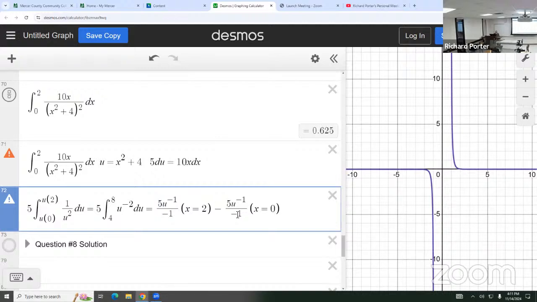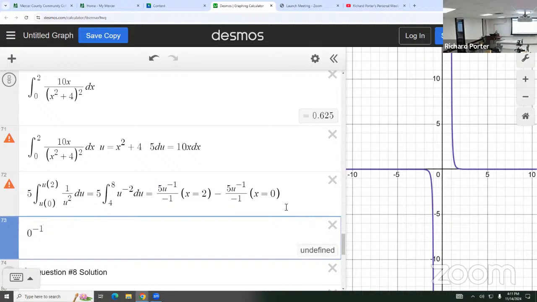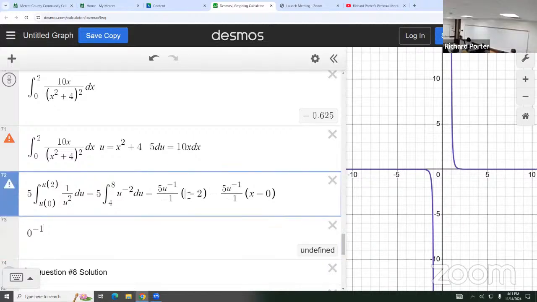If I do 2 and 0, I'll get a number there, but when I put 0 to the negative 1, what is 0 to the negative 1? Undefined. I know I have an answer of 0.625. What did I do wrong? I put in the 0 and the 2, but I changed them to 4 and 8. I have x equals 2, but I have u equals 8. And then I have u equals 4. If I don't change those limits of integration, in this case, I'll get undefined.